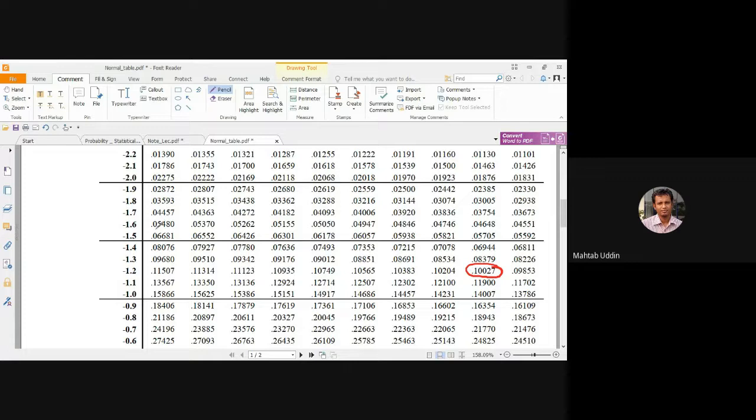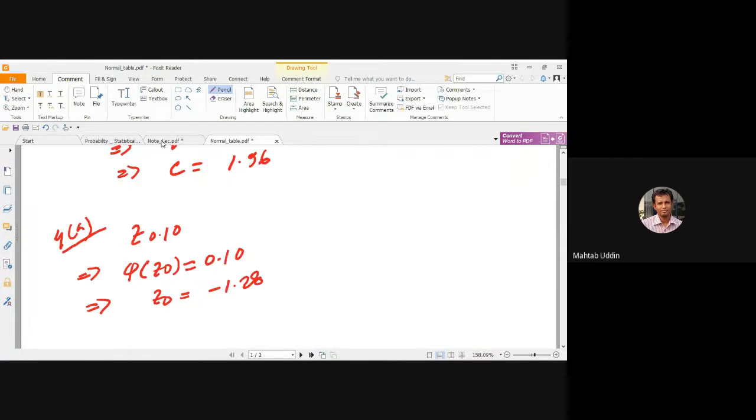But if the negative value is not available, then you have to go through an alternative way. In this case, we'll consider the alternative way. We'll find phi of z naught equal to 0.1. Then we'll write 1 minus phi of z naught is equal to 1 minus this, equal to 0.9.